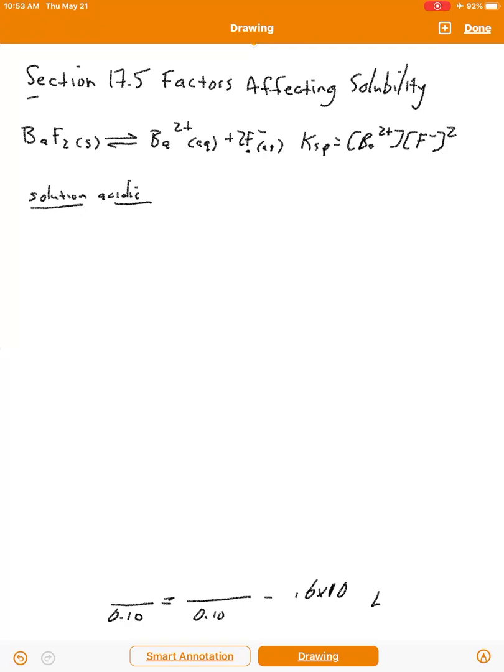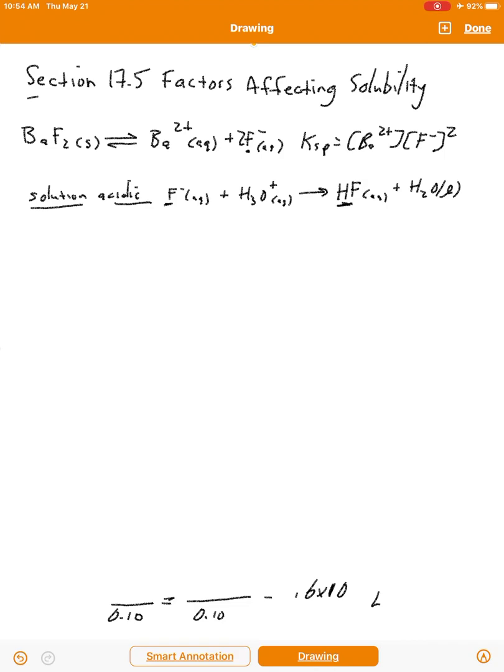So what happens is, if we make it acidic, the fluoride will react with the hydronium ion to give us HF and water. Okay? Now the effect of that is that by making the solution acidic, the fluoride ion is reduced in concentration to form HF.